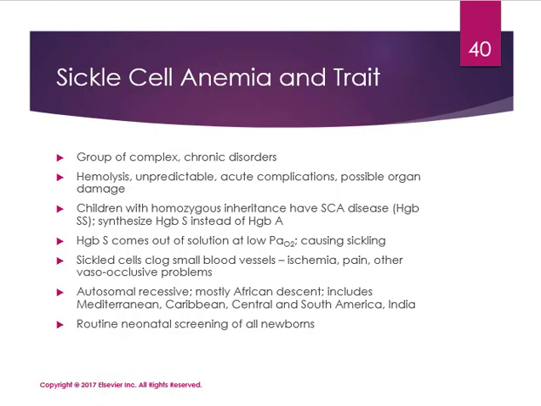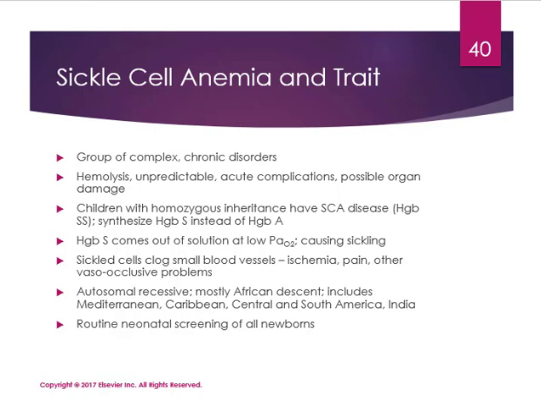So children that have a homozygous inheritance have sickle cell anemia disease, and that's hemoglobin SS, and it synthesizes hemoglobin S instead of the hemoglobin A. And hemoglobin S carries the amino acid valine instead of the glutamic acid.